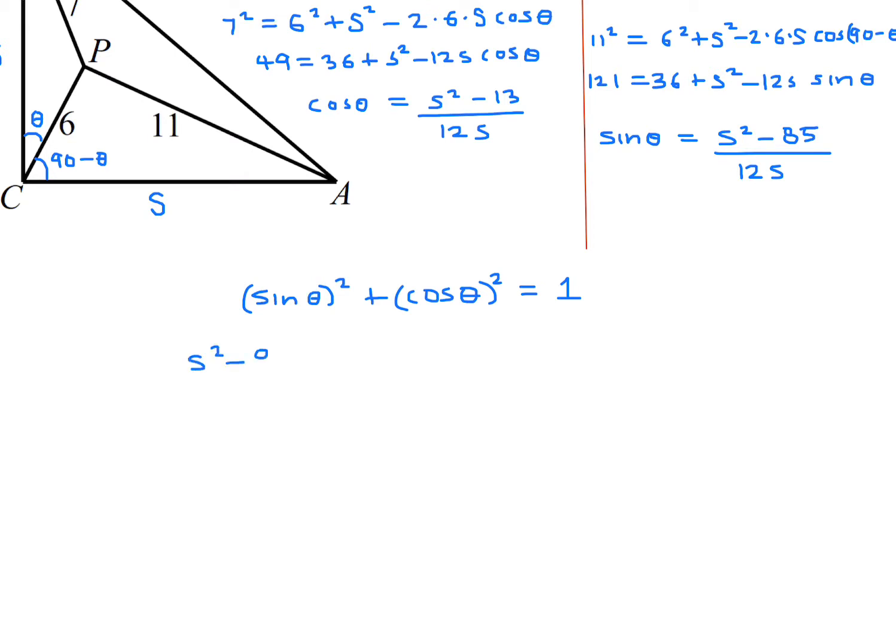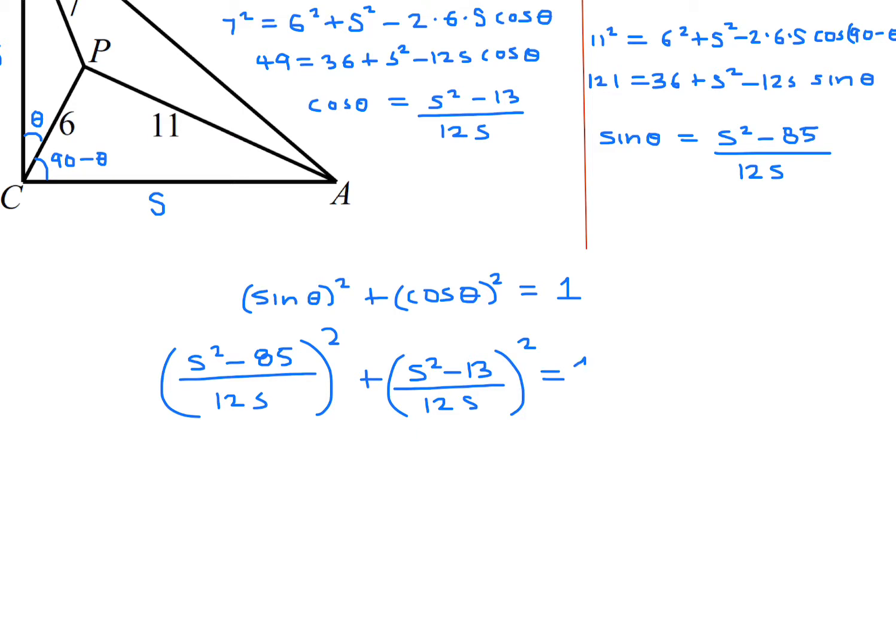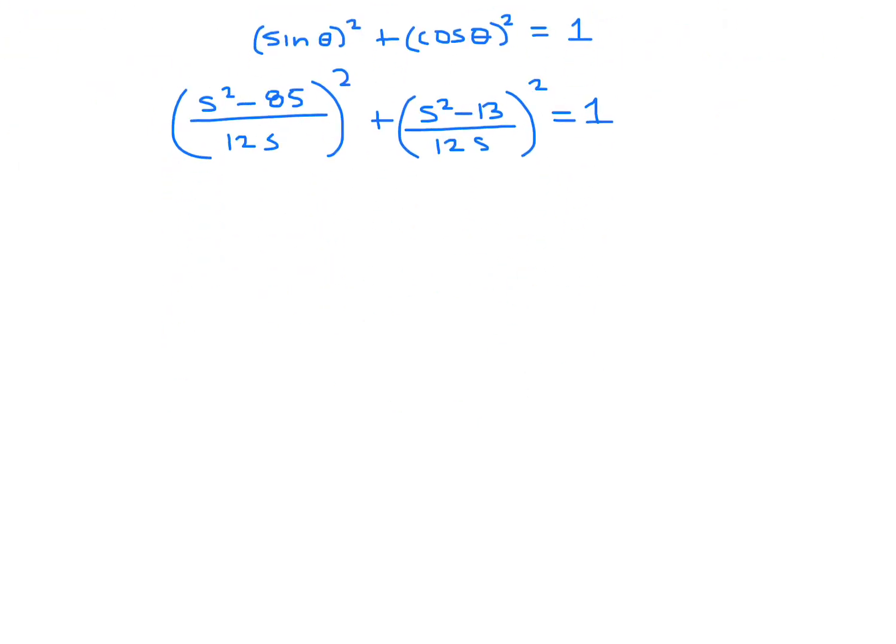So I've got ((s squared minus 85) over 12s) all squared plus ((s squared minus 13) over 12s) all squared is equal to 1. And this is the formula that we will hopefully be able to get some sort of value for s. Okay, we've got a lot of algebra ahead of us, so here we go. s to the power of 4 minus 170 s squared plus 85 squared, which is 7225.